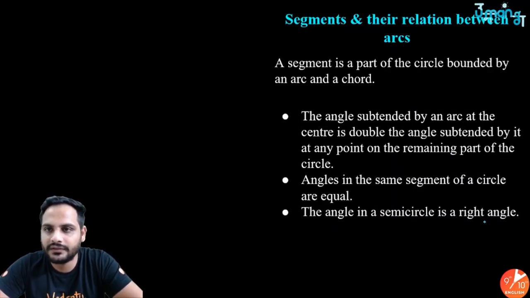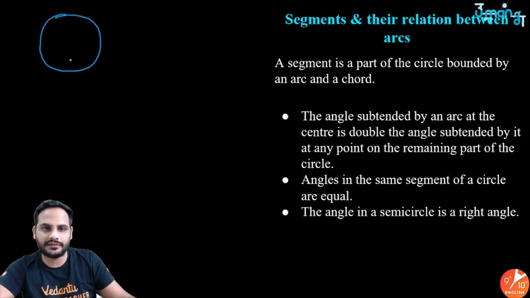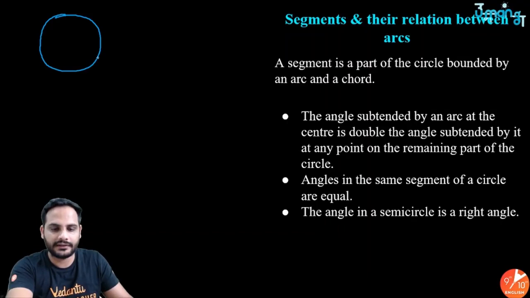Got it? Segments and their relation to arcs. A segment of a circle is a part bounded by an arc and a chord. Suppose you draw a circle like this.